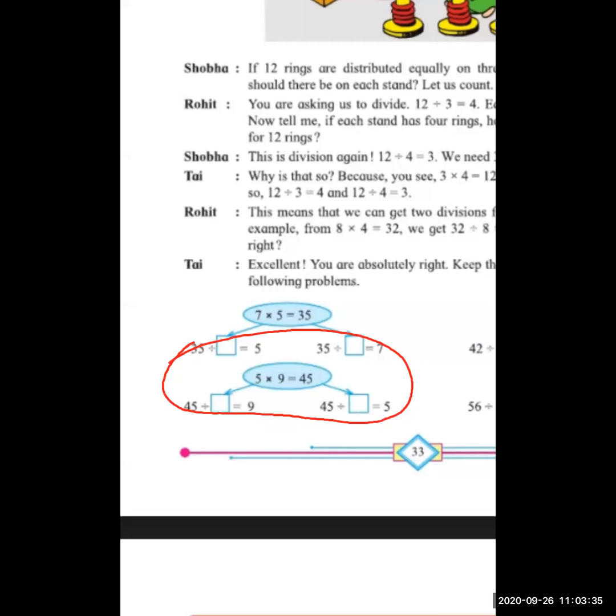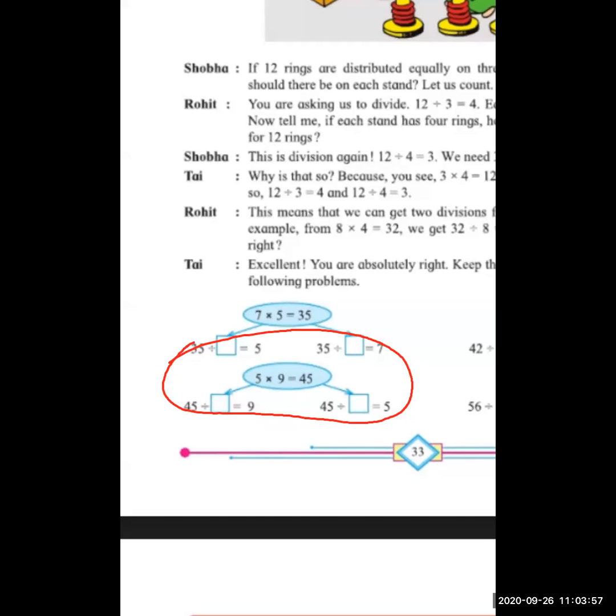In the table of 9, 45 on which place will come? Tell me. Yes, give me answer in the chat box. Very nice.